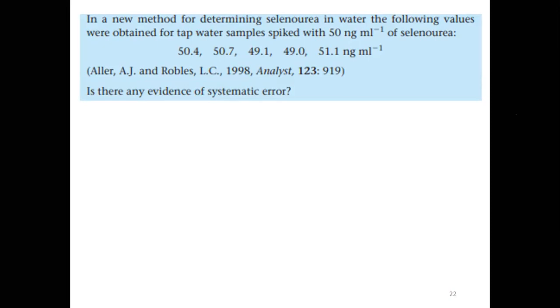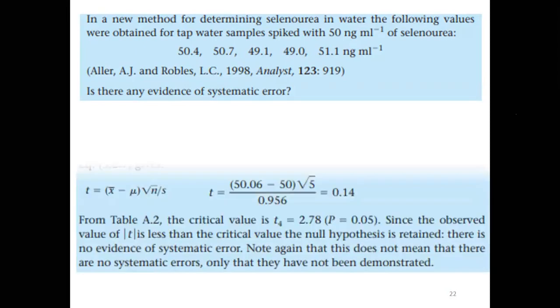The question asks, is there any evidence of systematic error? We can see the actual data we got is a little different from 50. Based on this, we have to determine whether there's any evidence of systematic error. Let's see how we do it.